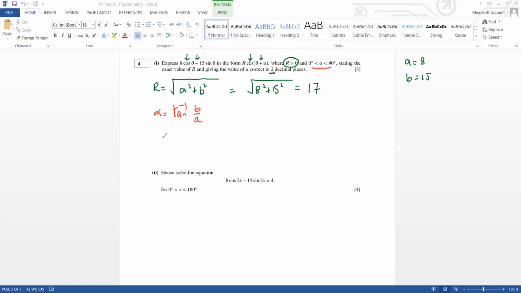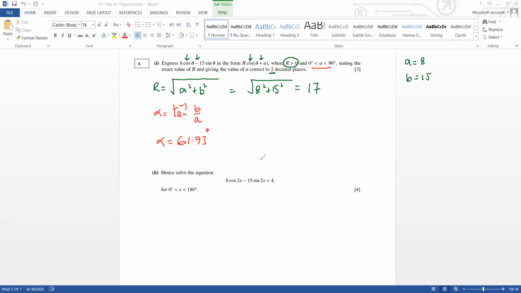So when you find tan inverse of 15 over 8, we have 61.93, because we have to write this correct to 2 decimal places. This was like a gift, 3 marks. You only had to recall this formula.